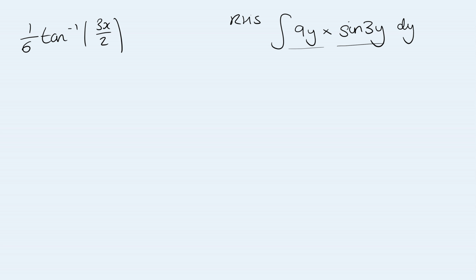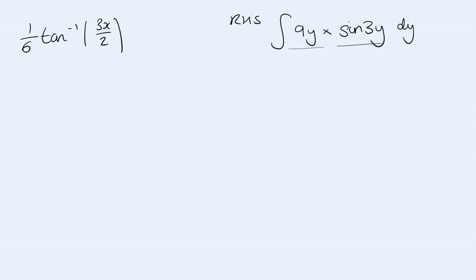So u is equal to 9y, and then dv by dy is going to be equal to sine 3y. So du by dy, differentiate this side, sorry, not dx, we're doing this with respect to y.